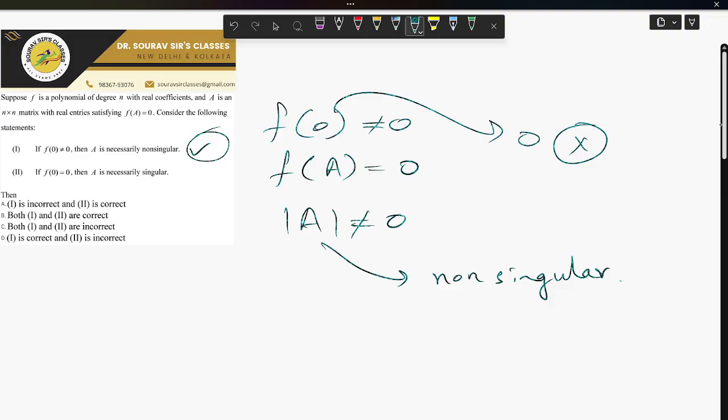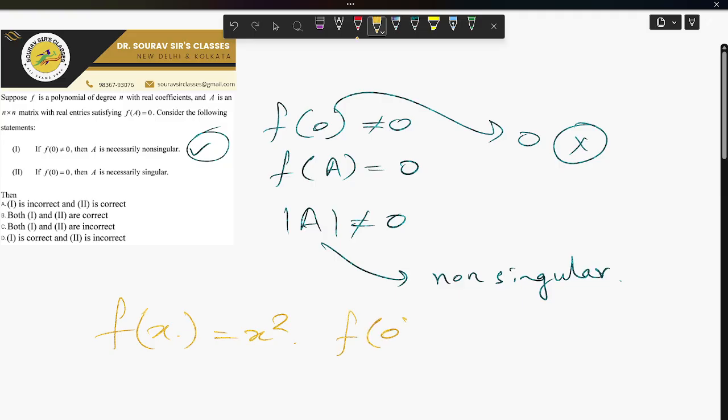So now we have to understand statement 2, and whether it is false or not. Statement 2 says that if f of 0 is equal to 0, then A is necessarily singular. Okay. So if f of 0 is equal to 0, then 0 is a root of f. This means A could have 0 as an eigenvalue, but it is not guaranteed. For example, consider the polynomial f of x equals x.